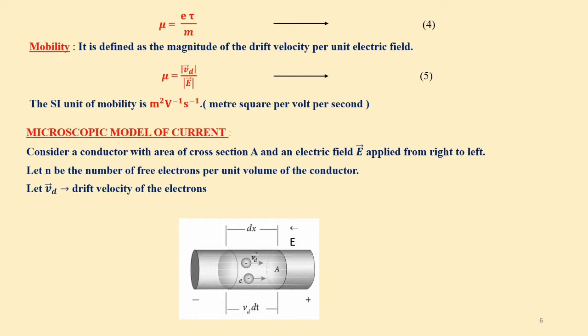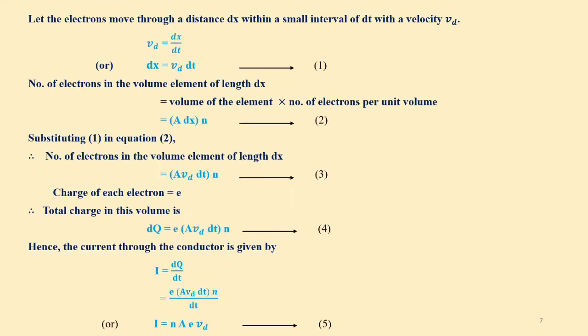Also, the length of the small volume element is dx and area of cross section is A. Hence, the volume of the small element must be equal to A into dx. Let the electrons move through a distance dx within a small interval dt with the velocity V drift. So, Vd is equal to dx by dt, or dx equals Vd into dt.